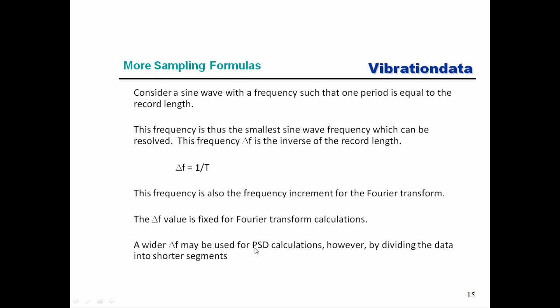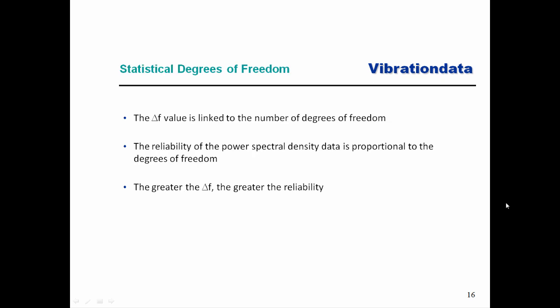Well, it turns out for our power spectral densities, we have some more flexibility, and we can alter what that delta F is. What we're going to do for our power spectral densities is divide the total time duration into a series of shorter segments. Now, the delta F parameter is linked to the number of statistical degrees of freedom. Statistical degrees of freedom have to do with chi-square distributions, and I'll explain that a little bit later. The reliability of the power spectral density data is proportional to the degrees of freedom.